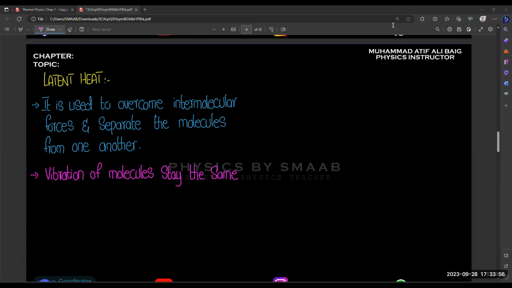So for latent heat, the vibration of molecules stays the same, so the temperature also stays the same.